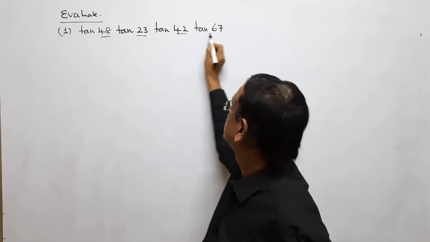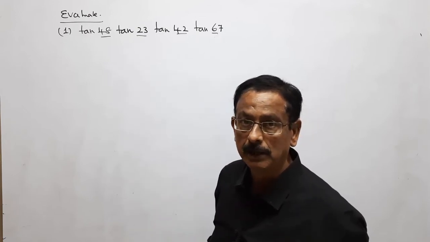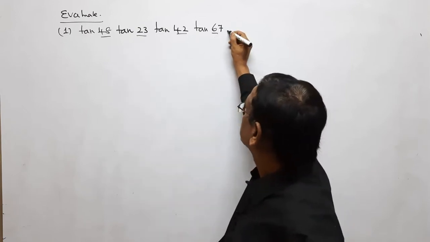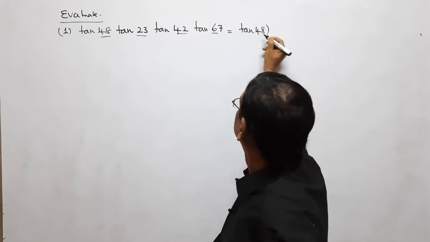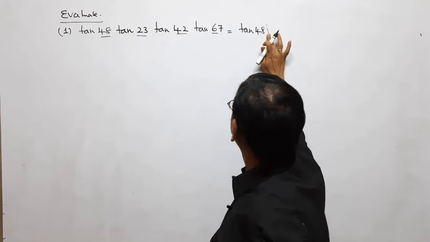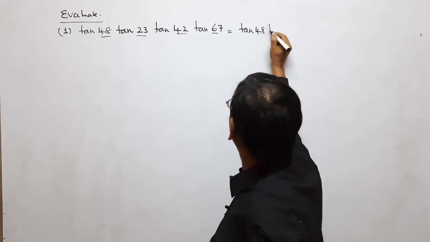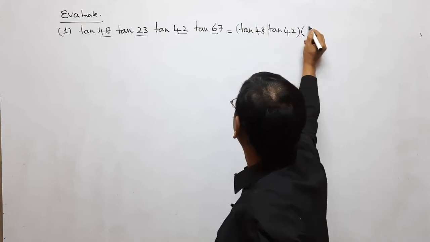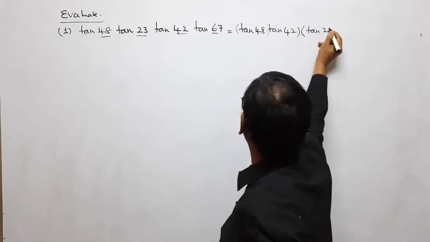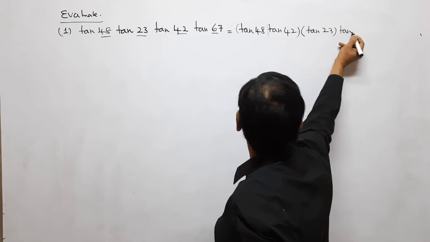Similarly, 23 and 67 are complementary angles. So let us use this by putting tan 48 and tan 42 together and tan 23, tan 67 together.